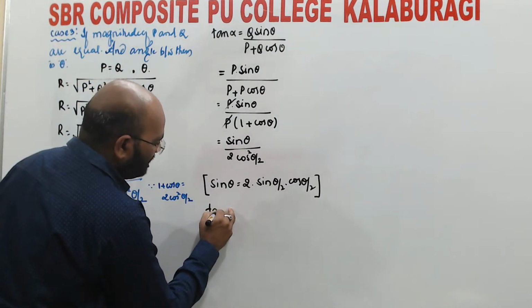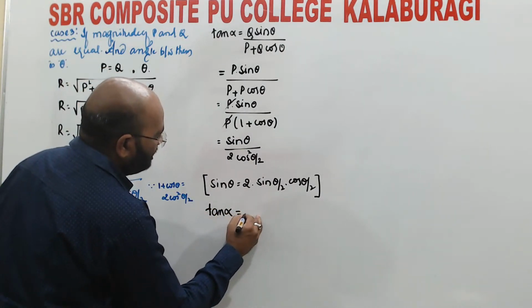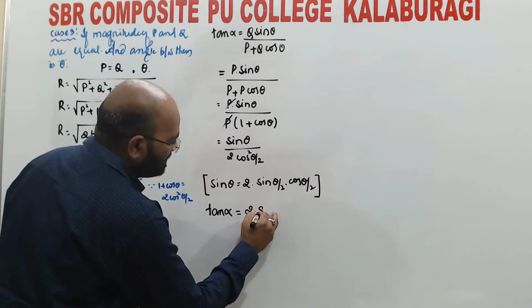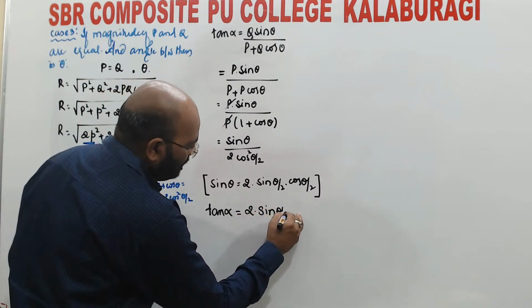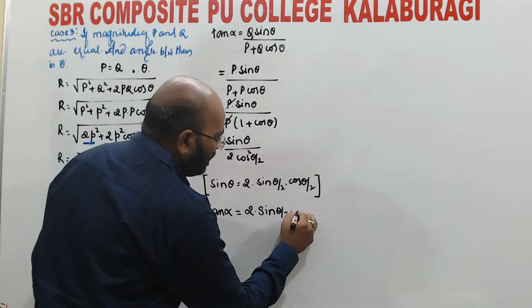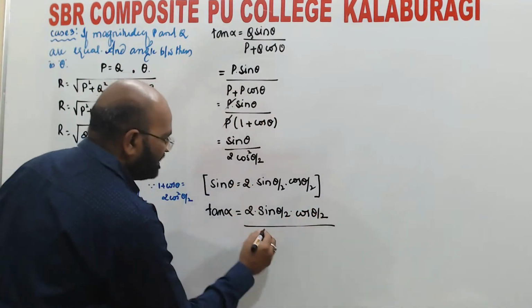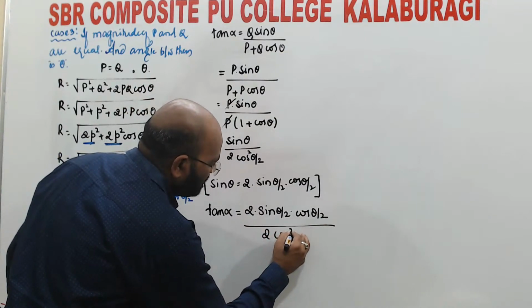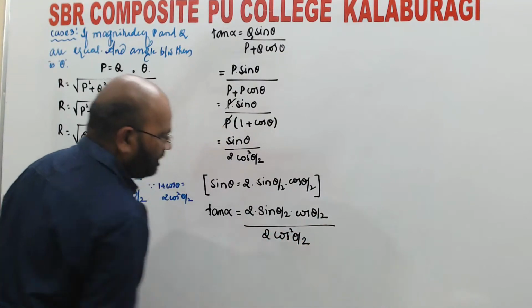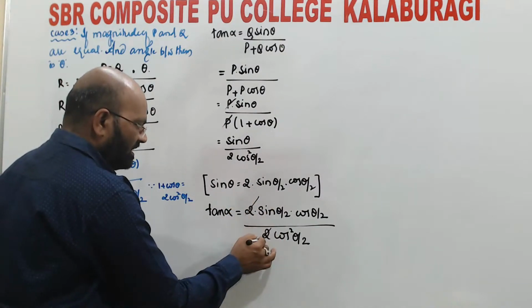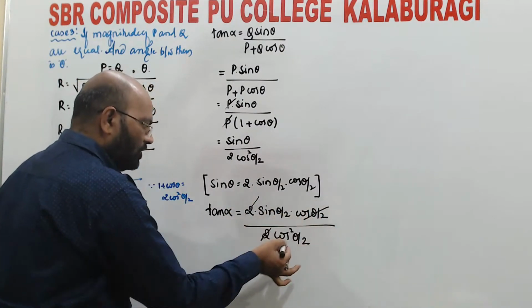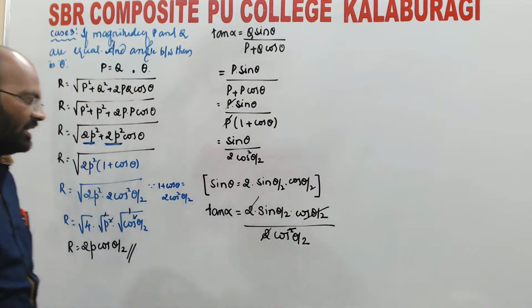Tan alpha is equal to 2 into sine of theta by 2 into cos of theta by 2, whole divided by 2 times cos square theta by 2. Then the 2s will be cancelled, and one cos theta by 2 and one cos theta by 2 will be cancelled.